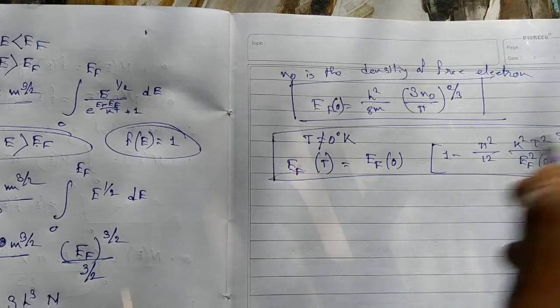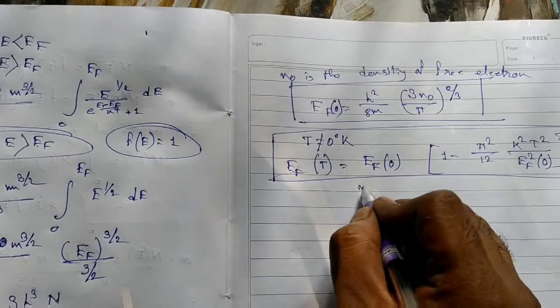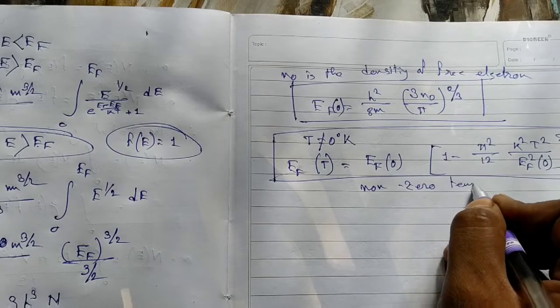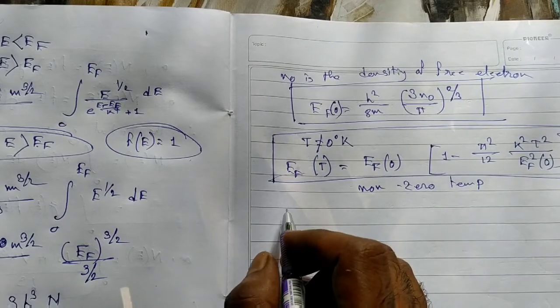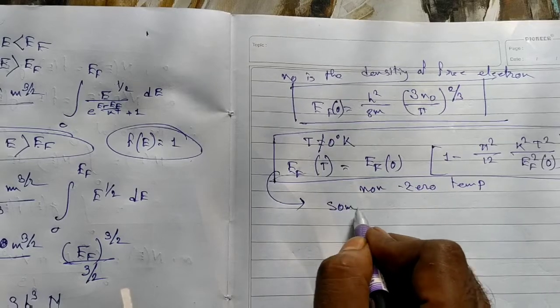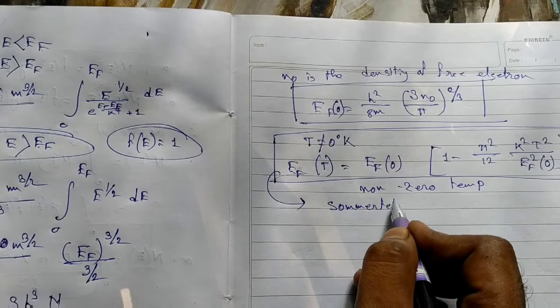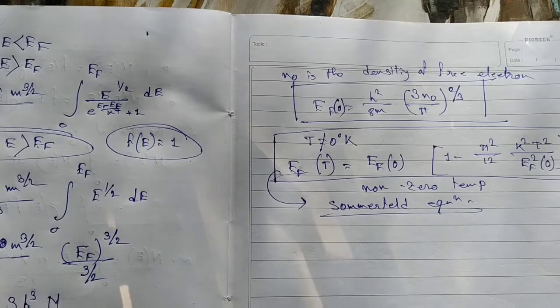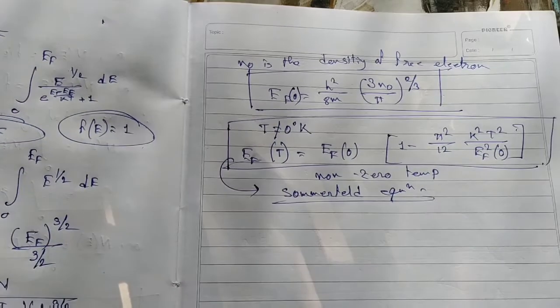This is the Fermi energy for the non-zero temperature. And this equation is known as the Sommerfeld equation. It is given by Sommerfeld, that's why this equation is known as the Sommerfeld equation. Okay, thank you.